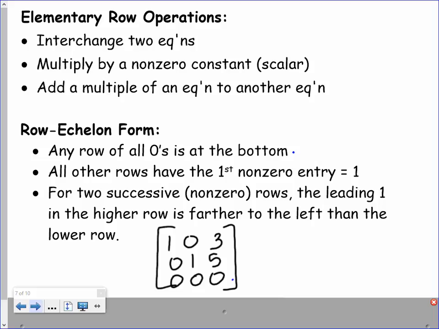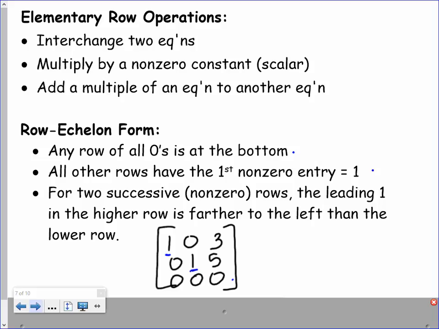And then for that third bullet point, if I have two successive non-zero rows, meaning they're not made up of all zeros, like that last one, the leading one in the higher row is farther to the left than the lower row. True. So this is what I'm saying: as you go down your rows, your ones are moving to the right.